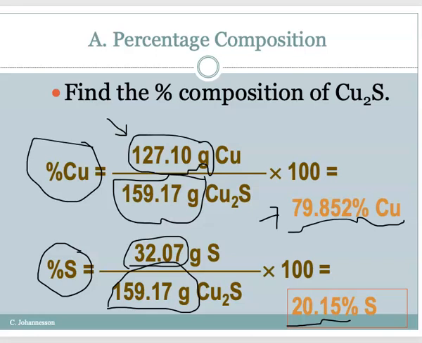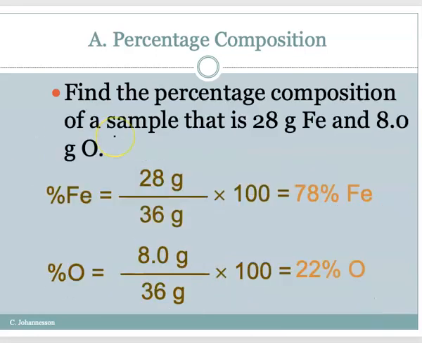All right, percent composition problems can also come in different variations. Let's say someone's taken a compound, a chunk of rock, shall we say, and determined that 28 grams of that chunk of rock is iron and 8 grams is oxygen.